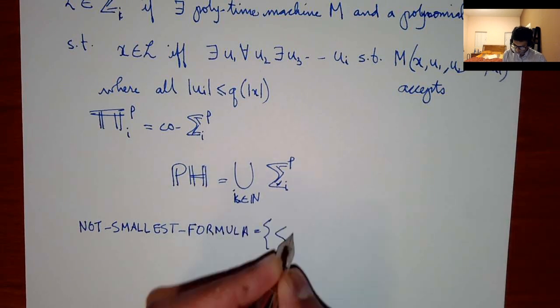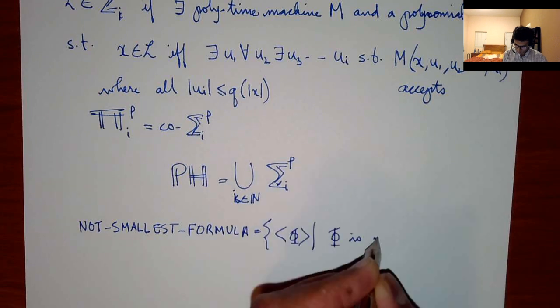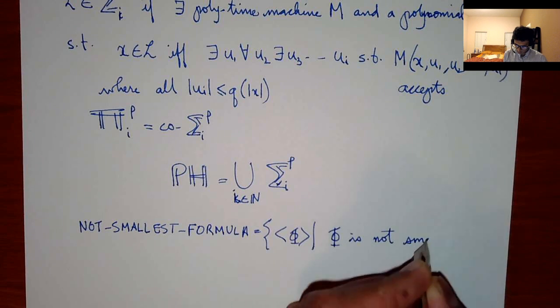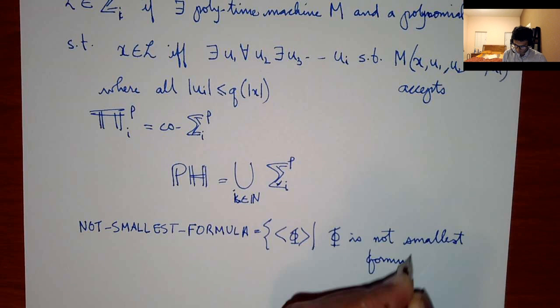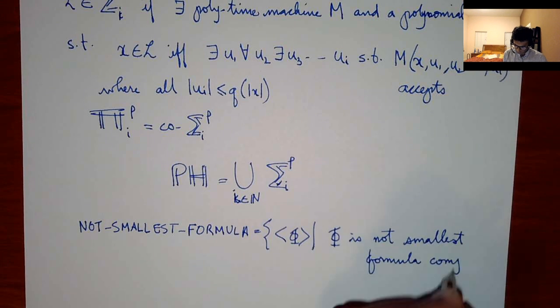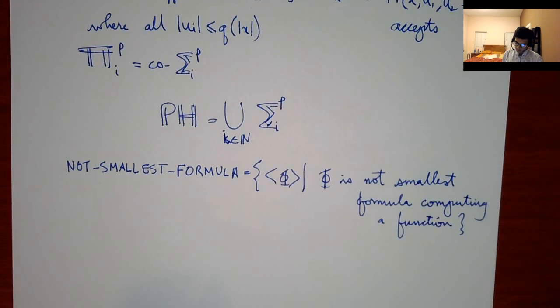So recall that this is all encodings phi, so that phi is not the smallest formula computing a function. I guess technically I should call this minimal and not smallest. It's like minimal formula. But okay, so what does this mean?